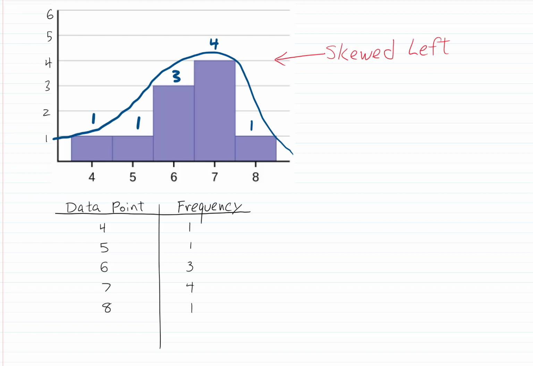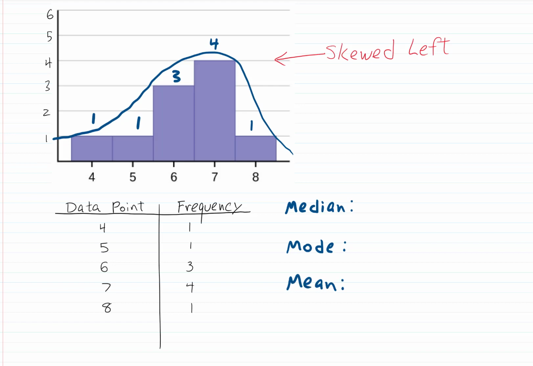A minute ago I said there's 3 6s, and then I wrote the number 6 up there, but I just fixed it and made it into a 3. Okay, so there's a frequency table. Okay, let's find the median and the mode and the mean.